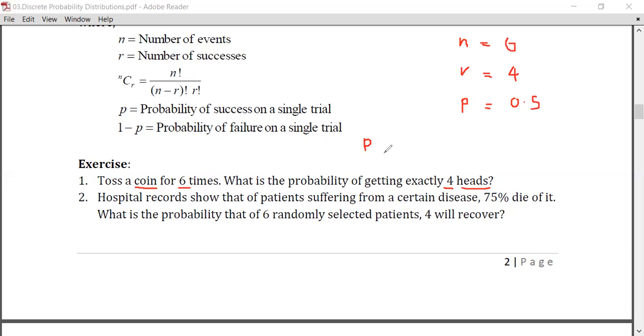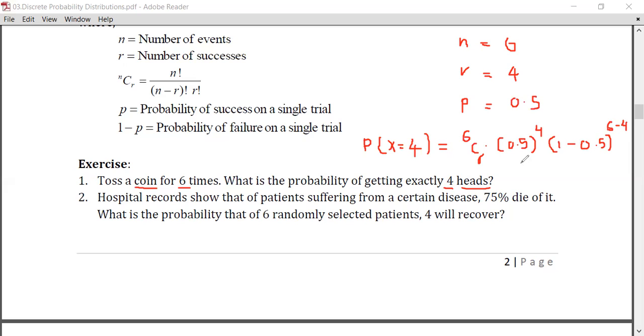You get the probability of X where r equals 4, which is given by 6C4 times 0.5 to the power 4, times (1 minus 0.5) to the power 6 minus 4.